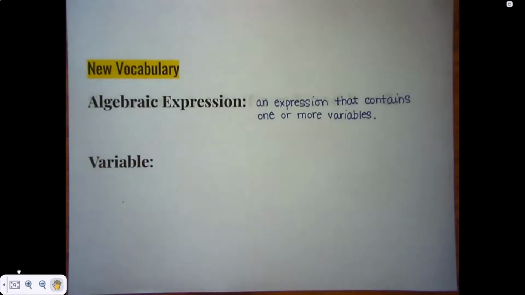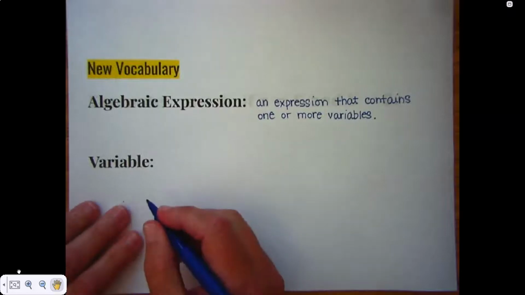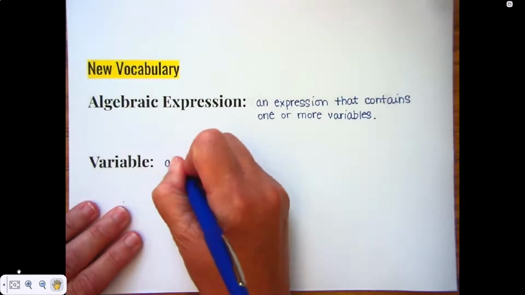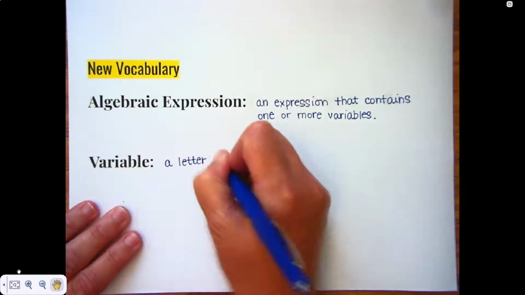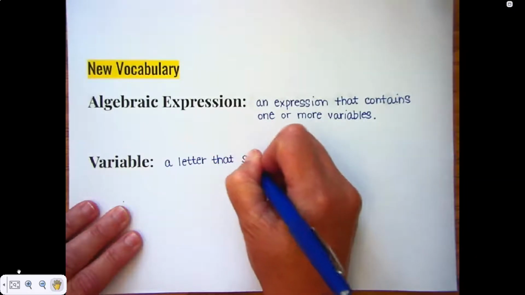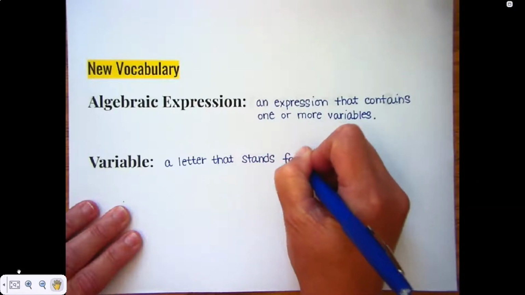In the last lesson, we did numerical expressions where it was just numbers and operations. And now with algebraic expressions, we're going to add variables into the mix. A variable is a concept you're familiar with. You know that a variable is a letter that stands for an unknown number.